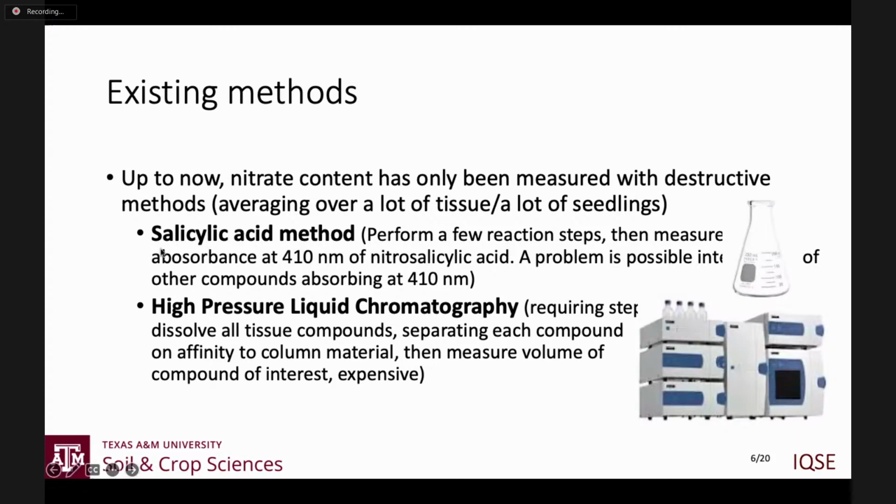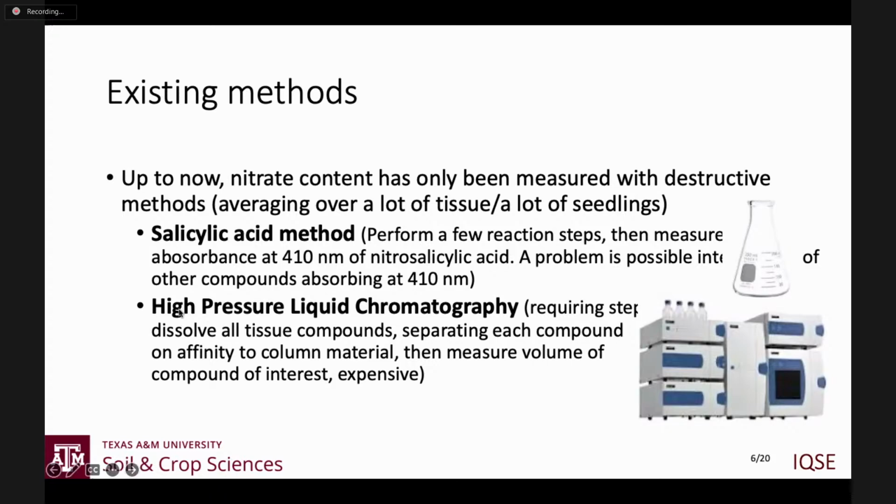One method that is used a lot is the salicylic acid method, where they do absorbance measurements of nitrosalicylic acid. This involves some chemical steps and then measurements of absorbance, and from there, with the appropriate calibration curve, you are able to determine nitrate concentration.